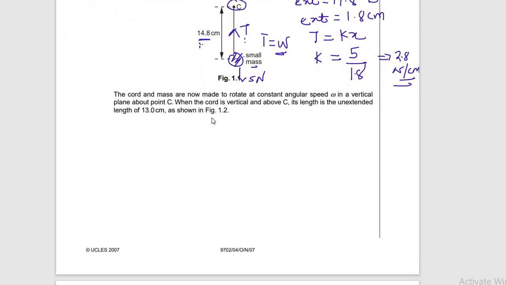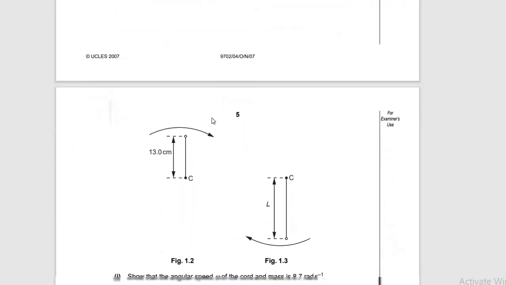Now the cord and mass are made to rotate. Okay, it's even clearer. At this point, they are not rotating. So now they are made to rotate at a constant angular speed W in a vertical plane about point C. When the cord is vertical and above C, the length is unextended and the length is 13 centimeters as shown.